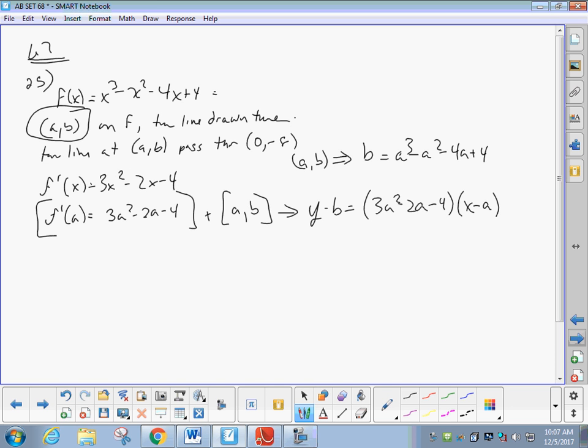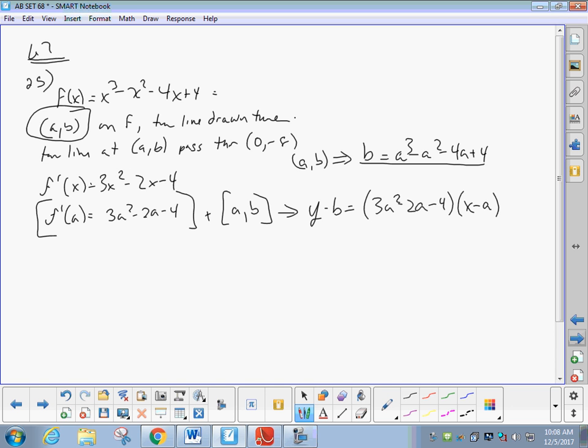Are you with me? Big idea of math in general: if I have two unknowns, I need two facts that relate those two variables. Here's one. The point is a relationship between a and b. This is close, but it has x and y in it, so it's not quite an a-b relationship.